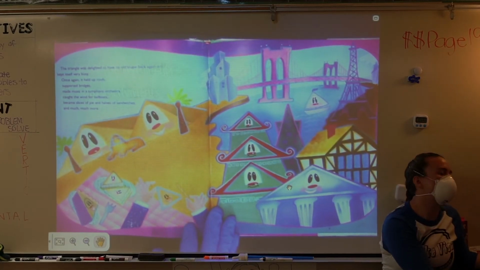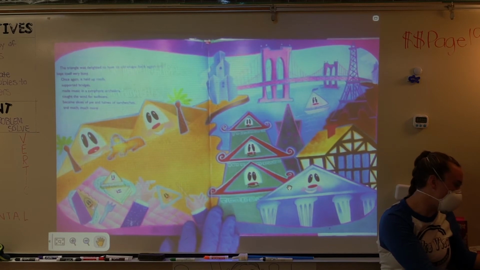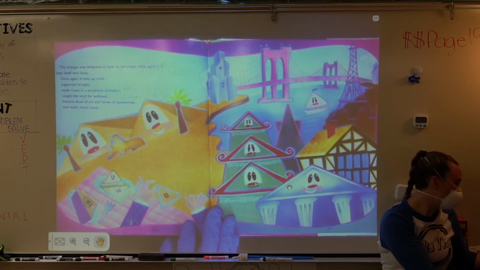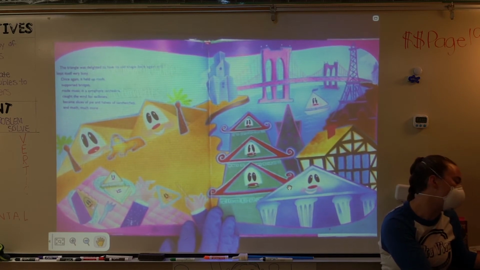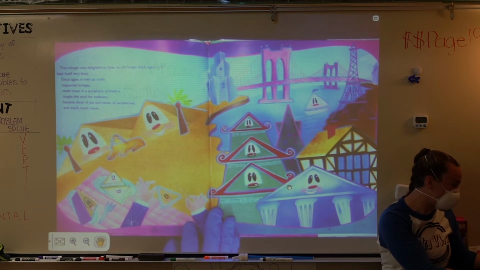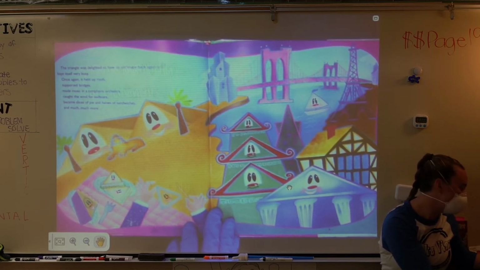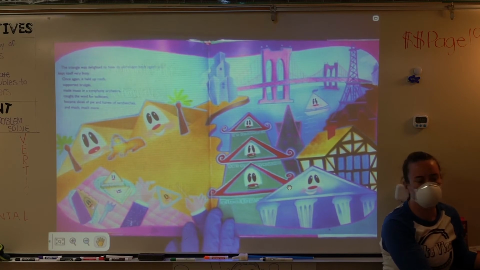The triangle was delighted to have its old shape back again and kept itself very busy. Once again, it held up roofs, supported bridges, made music in a symphony orchestra, caught wind for sailboats, became slices of pie and halves of sandwiches, and much, much more.